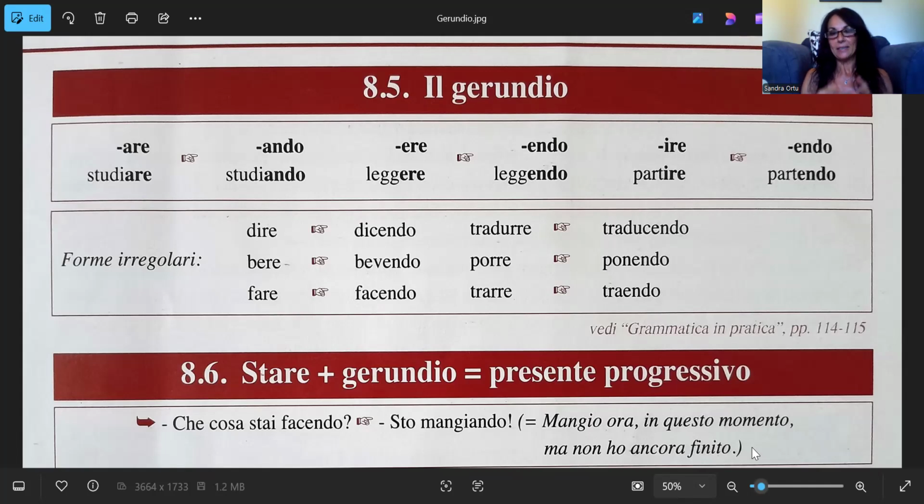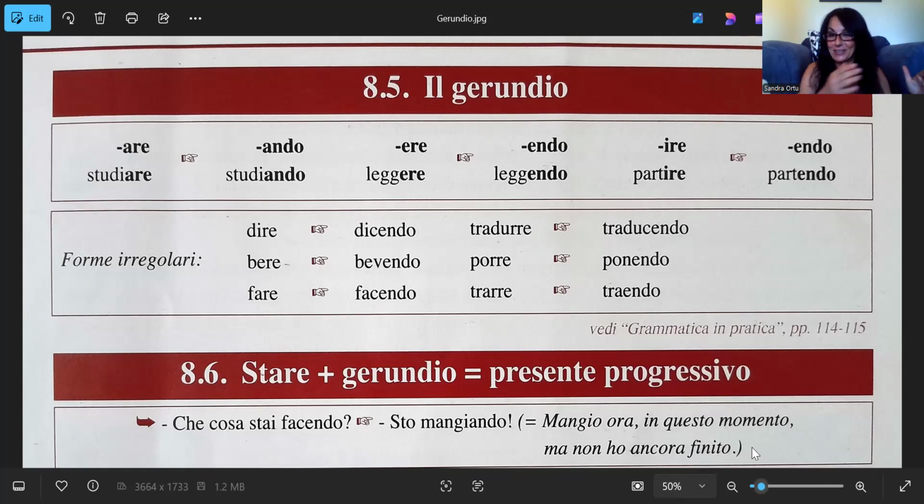So you can use it in a little bit more extended way. For example, if you're saying, I'm building a house, we are building a house, we are buying a house, you are in the process of building a house, in the process of buying a house. So that is a bit more general.